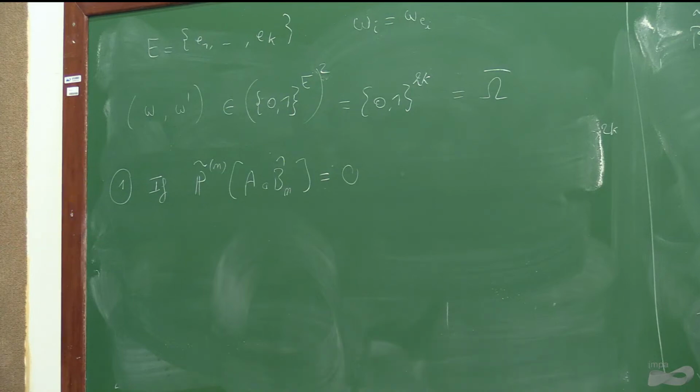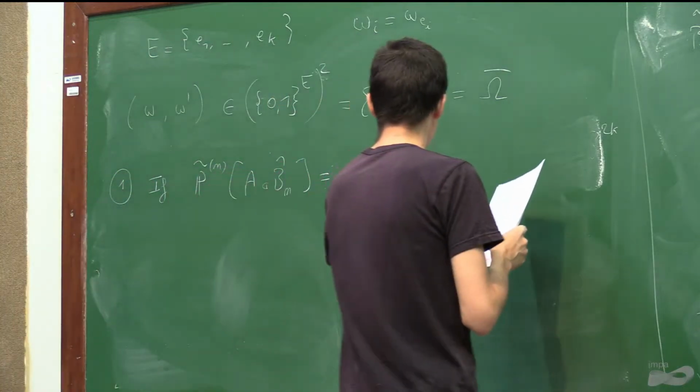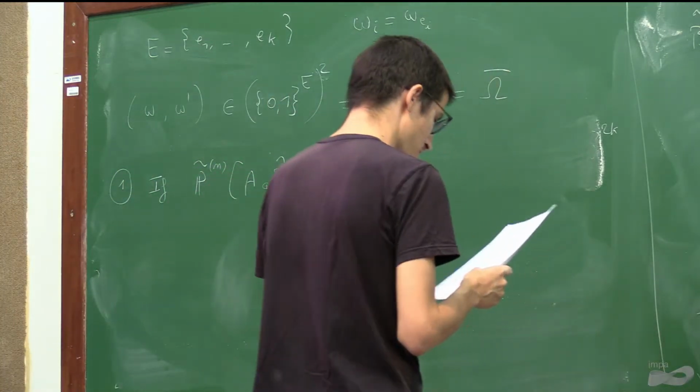Okay, so what does that mean, that this probability is equal to 0? Okay, I erased my definition.